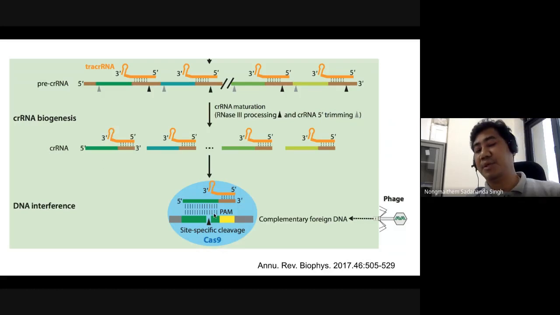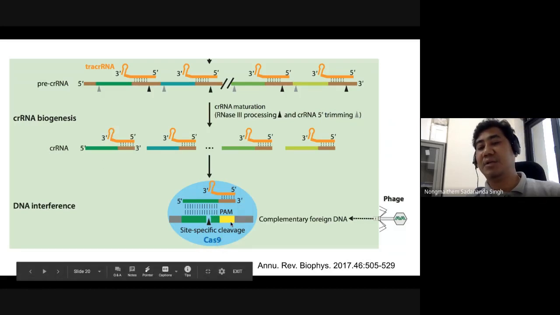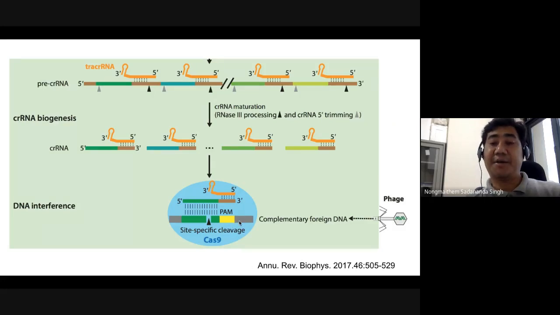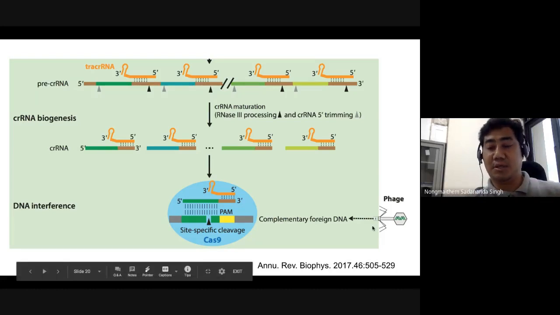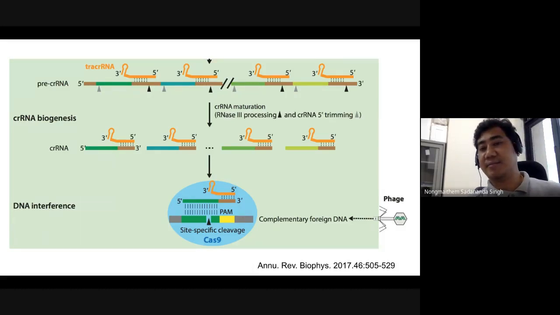Through this, with the Cas9 protein, it cleaves the invading DNA in the second round of infection. So basically, it gives immunity to these viruses. So the CRISPR-Cas system has evolved as immunity in bacteria and archaea.